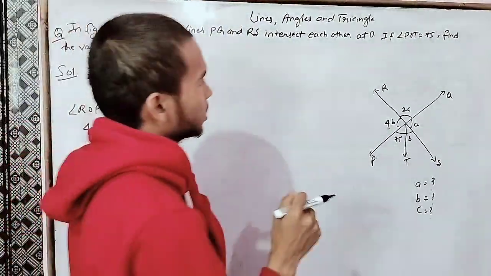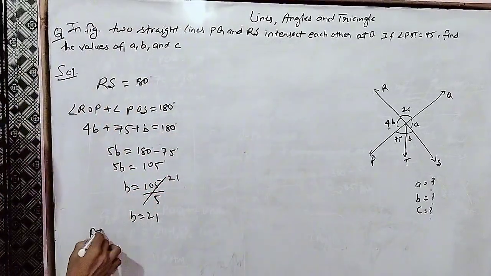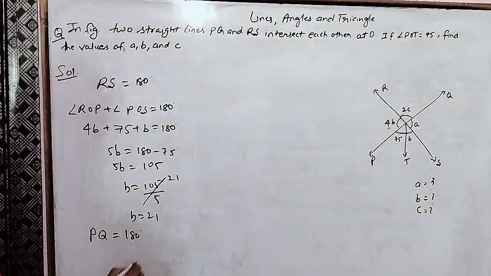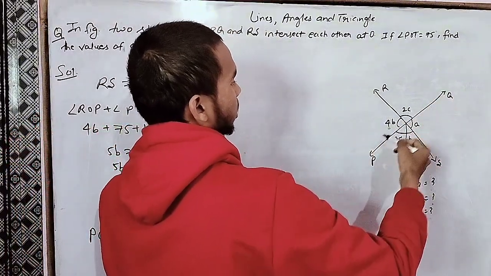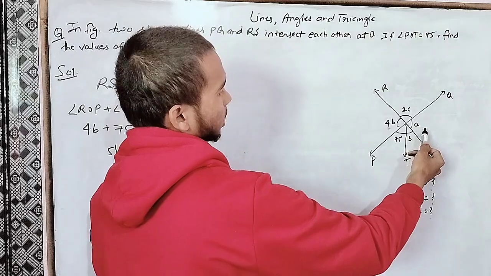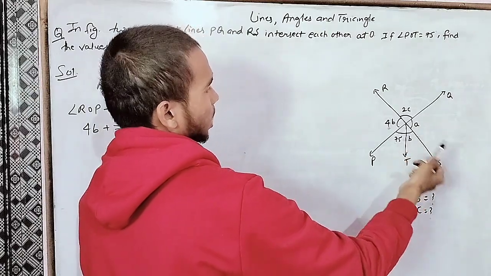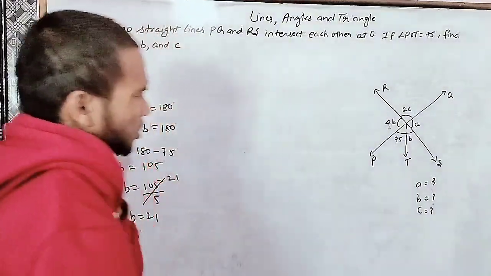Now let's take PQ. PQ is how much? 180 degrees. Whatever you want. If you want to take this angle, then you can. Otherwise, if you want to take this angle, whatever you want.